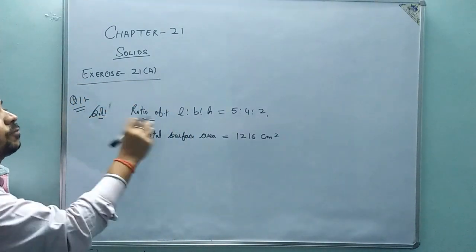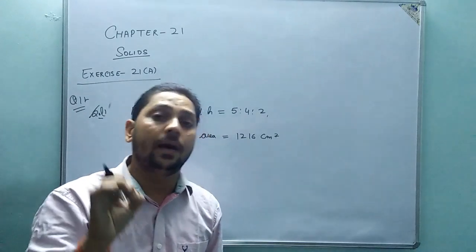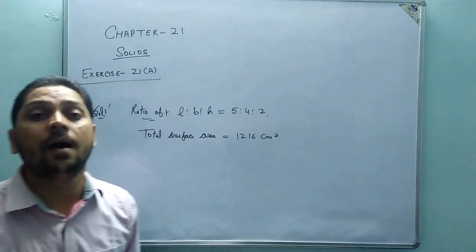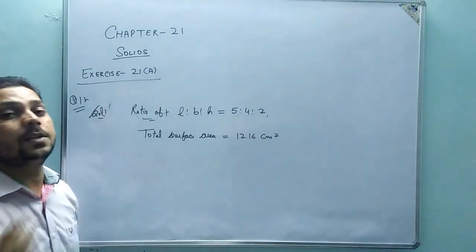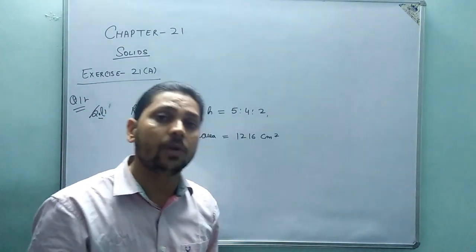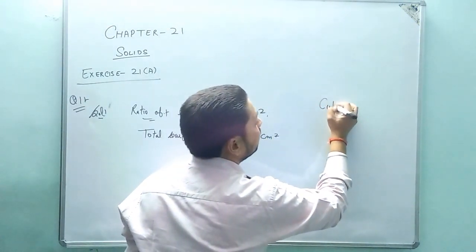So beginning from your statement here, it is mentioned that we have a rectangular solid. Rectangular solid means we have a cuboid. If it were a square solid, then it would be a cube, but it is mentioned that it is a rectangular solid. So we will use the formula related with cuboid.